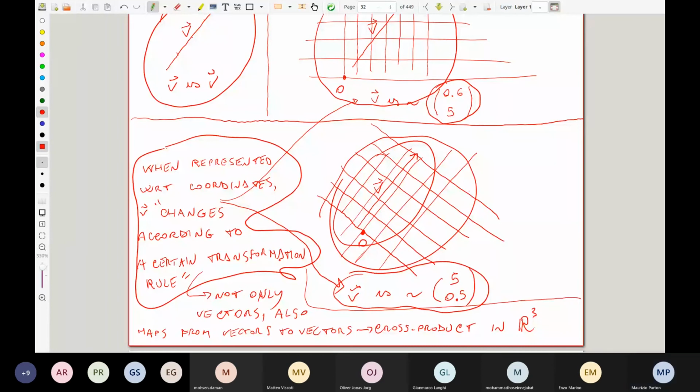Okay? And all of this doesn't apply only to vectors, also to concepts like maps from vectors to vectors. For instance, the cross product in R3. The cross product is well defined. Take two vectors and take the third vector, which is orthogonal, with a suitable length given by the product of the lengths of the two vectors times the sine of the angle. And this is a well defined concept, okay? But you can express it in coordinates.